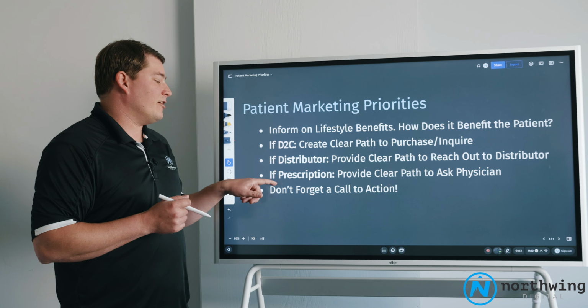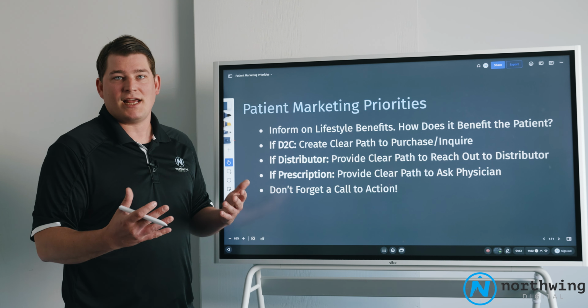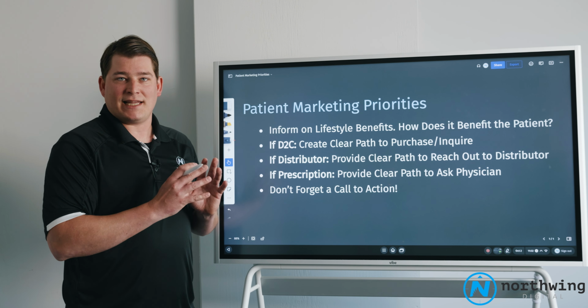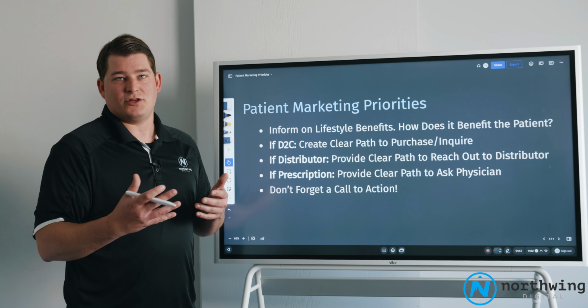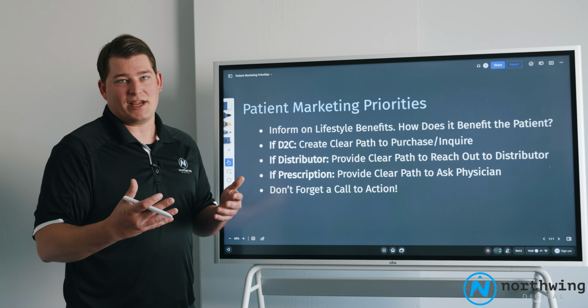The third is if it's a prescription, there are different constraints, where a patient has to go through a doctor, but we can still provide on the site a clear path or instructions to speak with a physician, and clearly illustrate that a patient has to talk to a physician in order to pursue the solution that you offer.